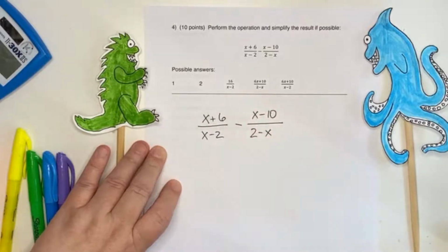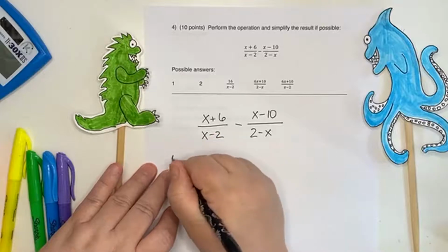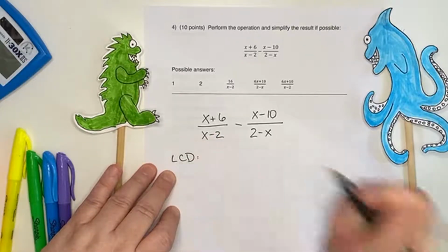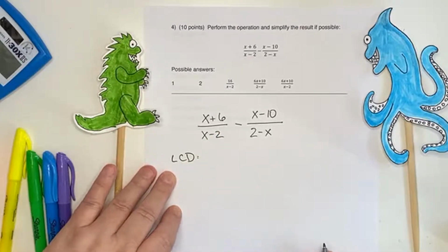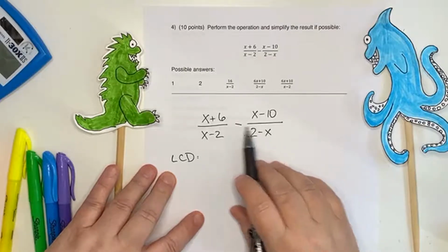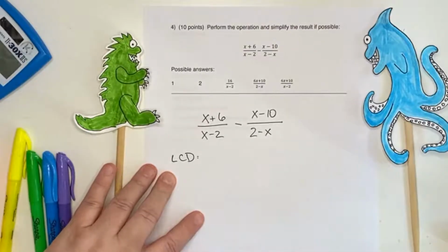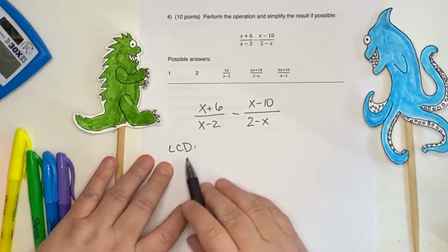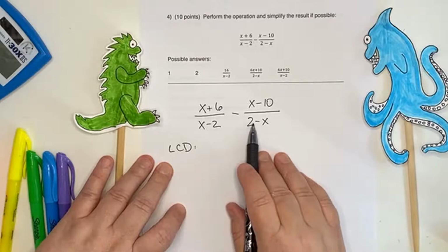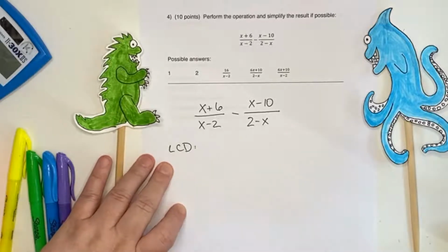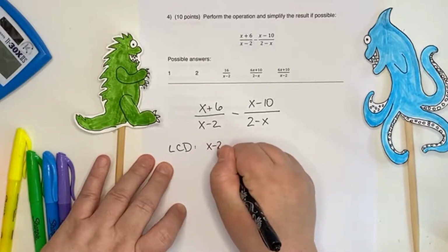Now, I need a least common denominator. There are 2 ways to do this one. And I picked this one specifically because it's kind of an interesting one. You could take x minus 2 and multiply times 2 minus x and come up with a least common denominator. But I claim the least common denominator is x minus 2.